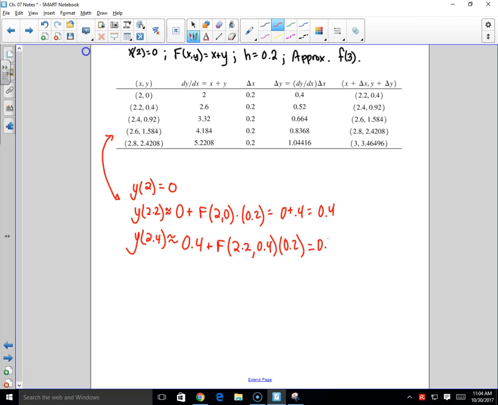I would have gone ahead and done 0.4 plus, add the two together, 2.6 times 0.2, or divided by 5. It would have ended up being 0.52, which ends up being 0.5.